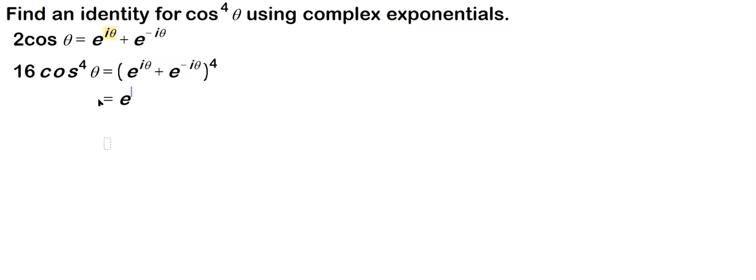to get e raised to the 4i theta, and then plus, by Pascal's triangle, 4 e raised to the 3i theta times e raised to the negative i theta.